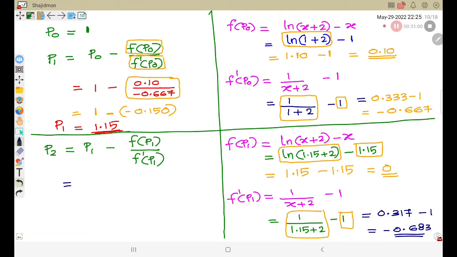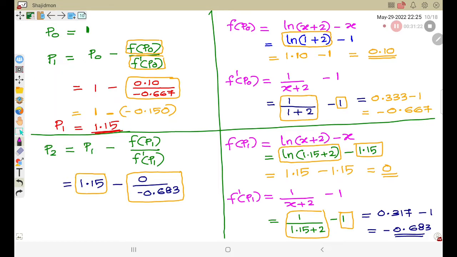Now apply here. So P2 equals P1. P1 means 1.15 minus f of P1, just now we got 0, divided by f dash P1 we got minus 0.683. Correct. Again we are calculating this value, 3 digits rounding, this one separate.